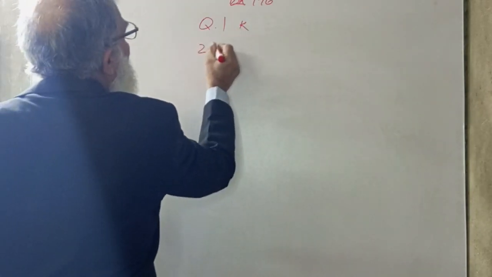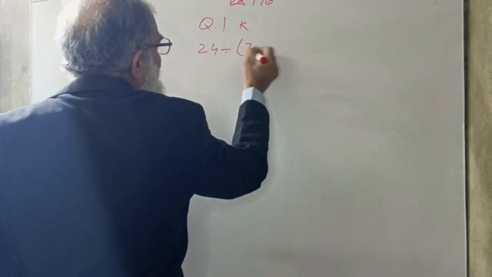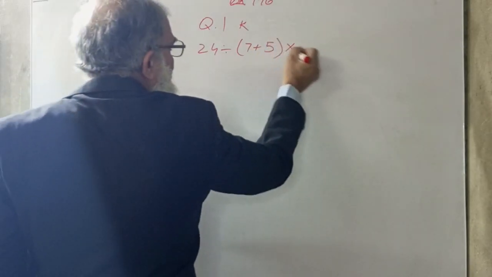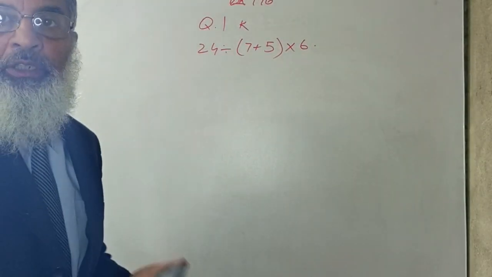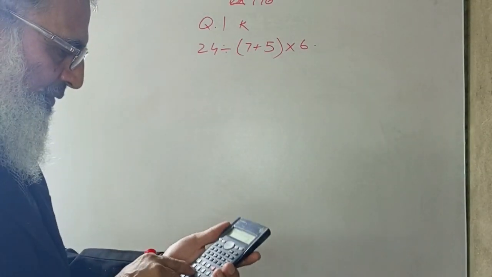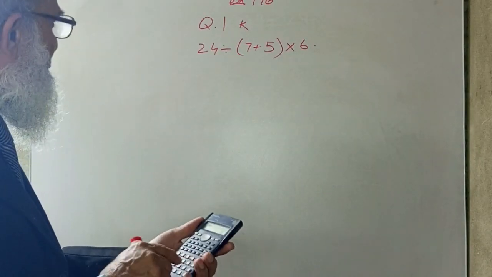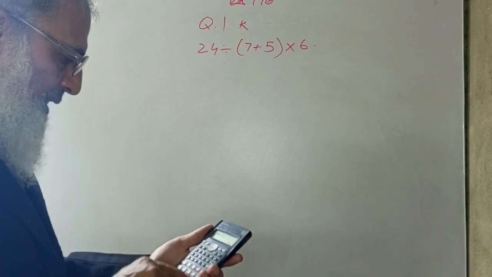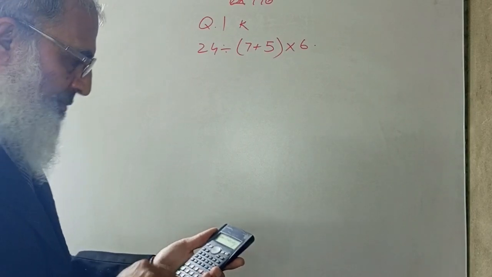That is 24 divided by the bracket 7 plus 5, and multiplied by 6. So this I have to do with the calculator. Let me do it: 24 divided by bracket 7 plus 5 bracket close, multiplied by 6.